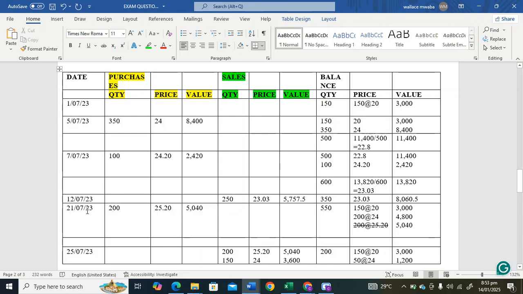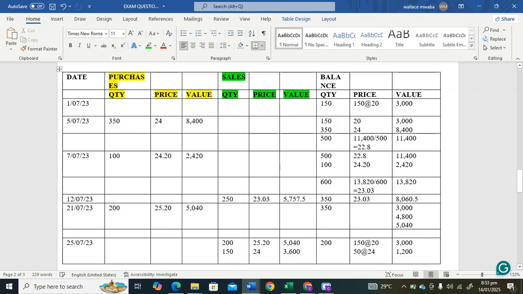On the 21st of July 2023, we purchased 200 goods valued at 25 kwacha 20. So what we're going to do here, we have 350 goods valued at 23.03.